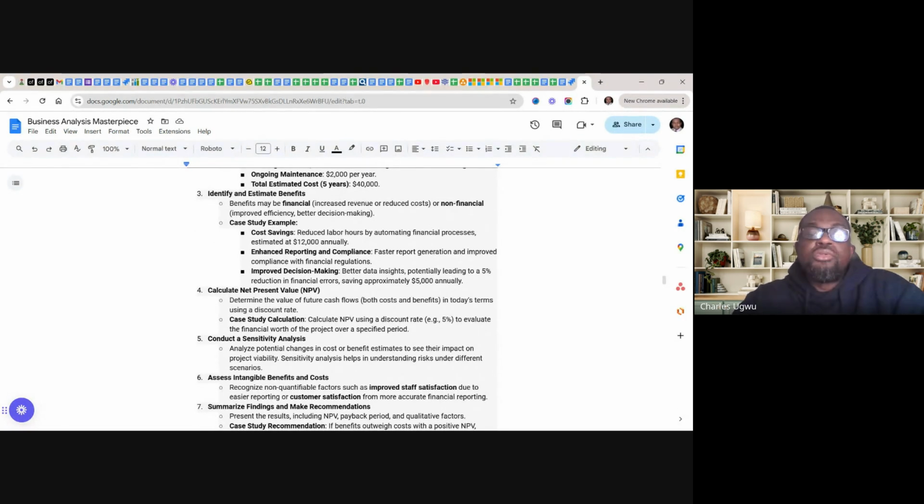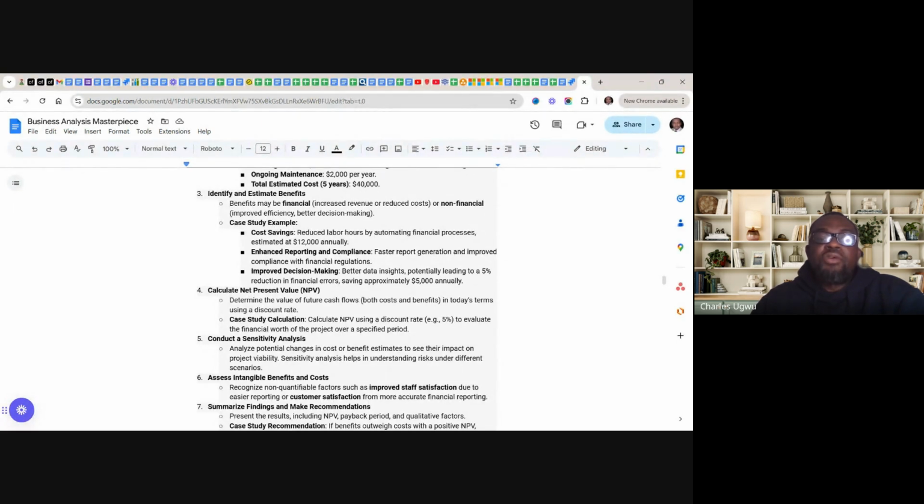So you've come to reporting and compliance: faster report generation, improved compliance with financial regulation, and improved decision making. The problem at times is that some of these benefits will be very difficult to quantify. But many of them we can quantify and convert to money, more especially the hours of labor we reduce.